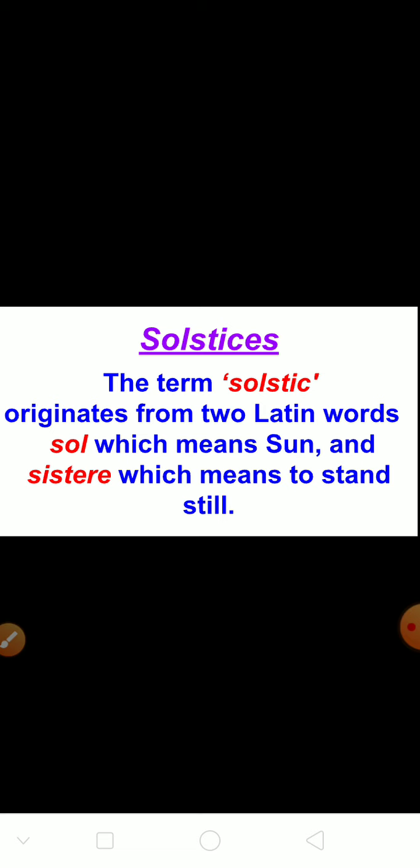Stand still. Summer solstice occurs around June 21st in the northern hemisphere and marks the longest day of the year. From June 21st the longest days of the year start. On this day, the sun is overhead at the Tropic of Cancer.